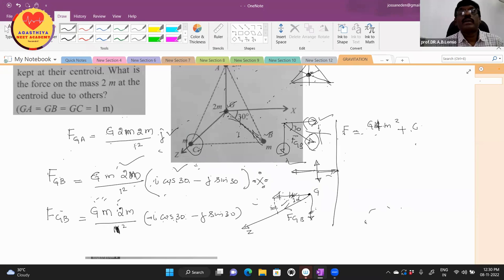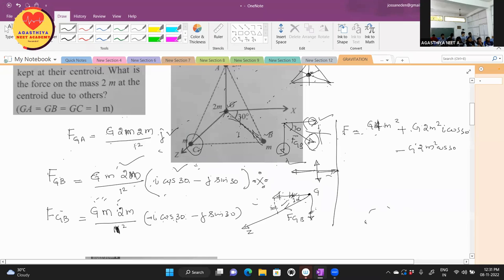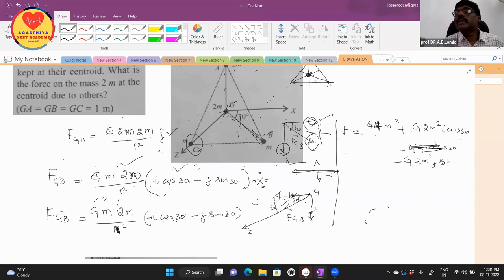G 2m squared, from i cos 30, minus G 2m squared cos 30. That is, j sin 30.